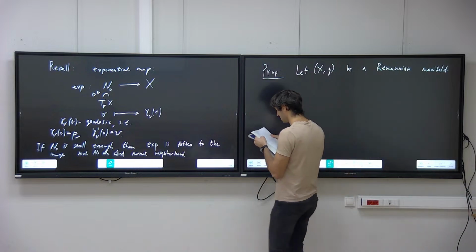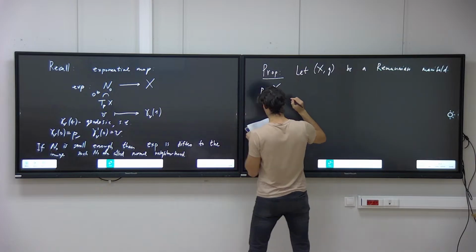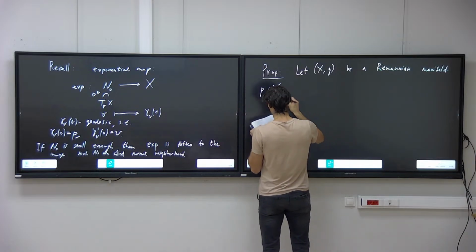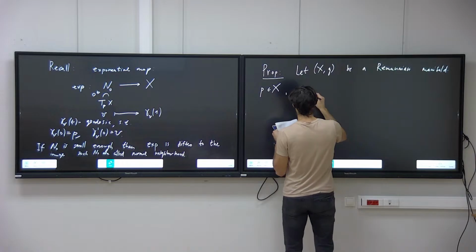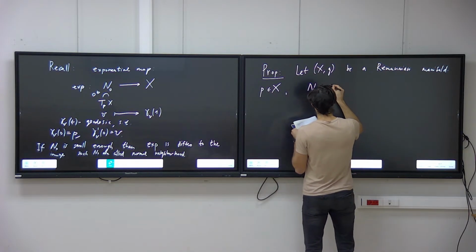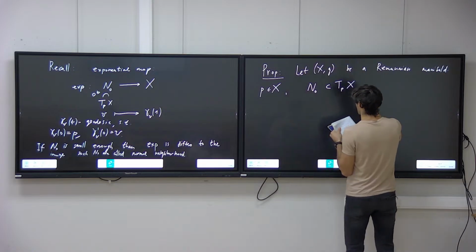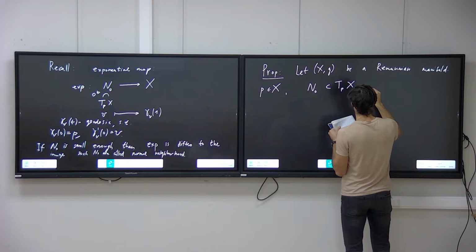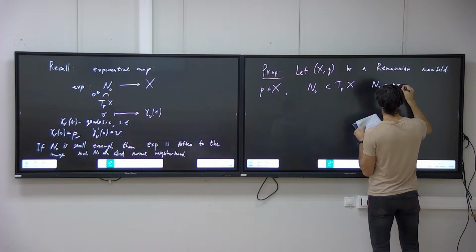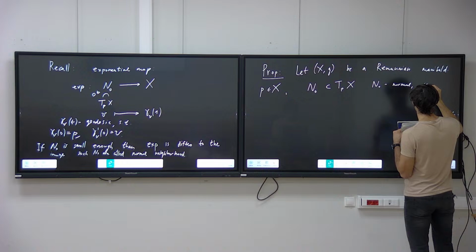Namely, let me fix P in X and let me consider N0 inside T_pX such that N0 is normal, first of all, and also it's an open ball.